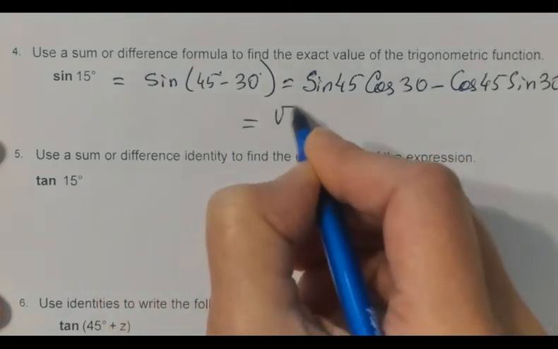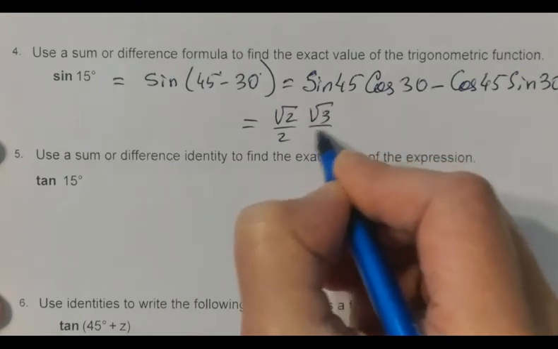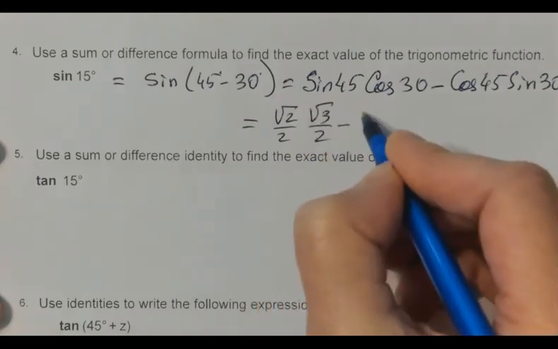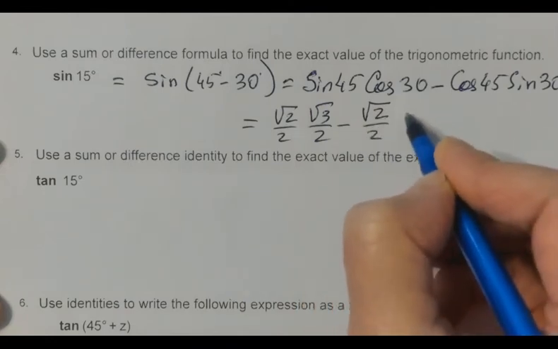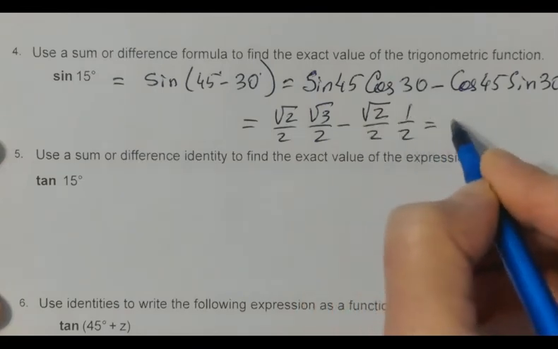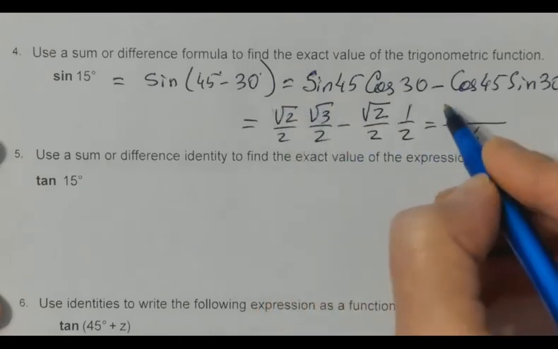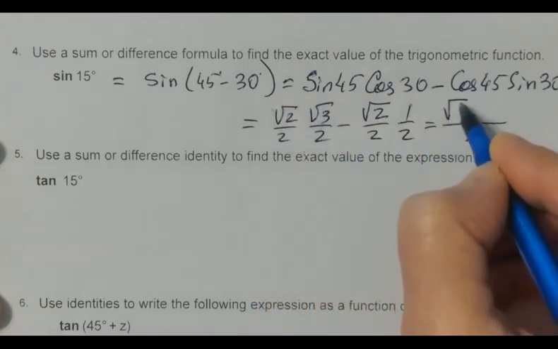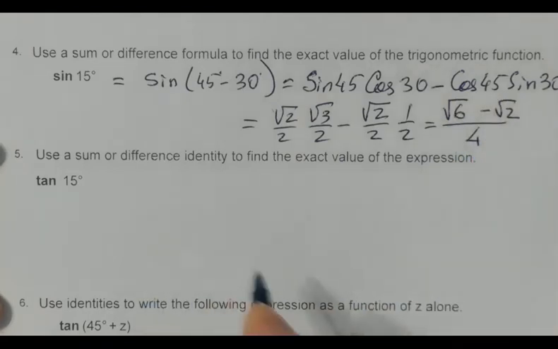Sine of 45 is square root of 2 over 2, cosine of 30 is square root of 3 over 2, minus cosine of 45, square root of 2 over 2, times sine of 30, 1/2. So the same denominator 4. The first term has numerator square root of 6 minus square root of 2.